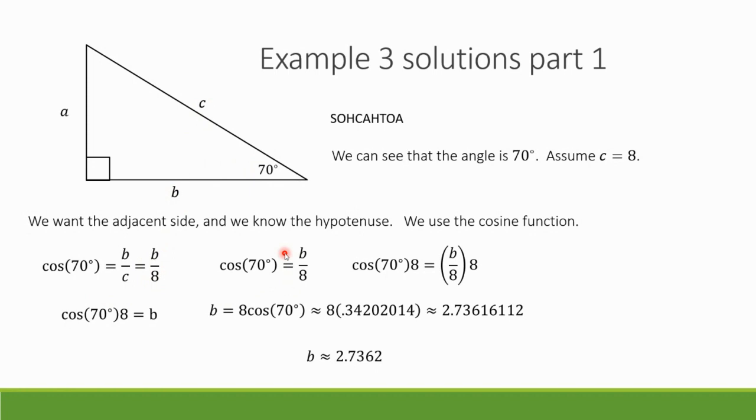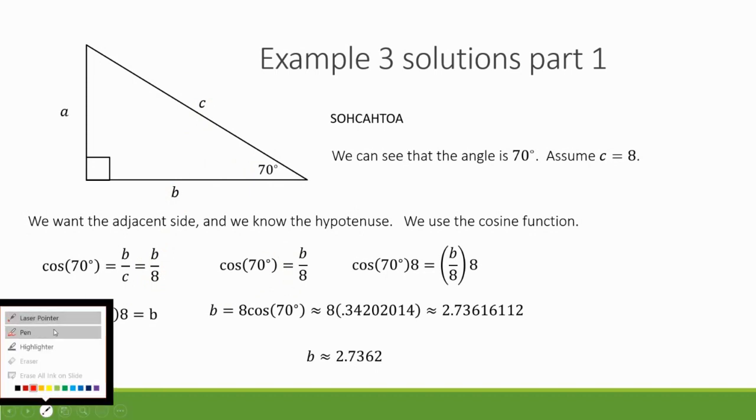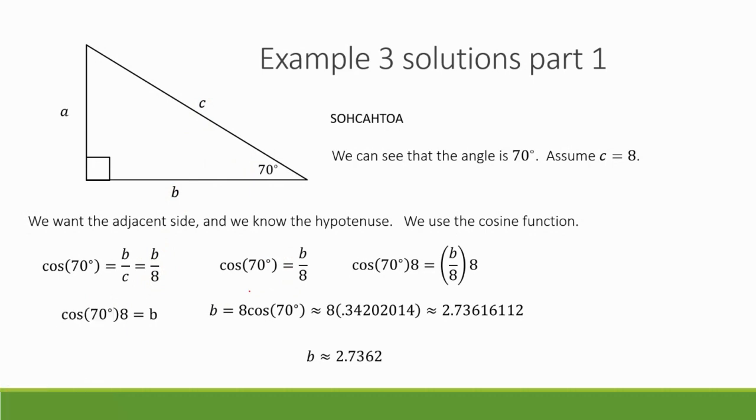That's good. Now we can figure out what B is, which is what we're looking for. How do we do that? We're going to multiply both sides by 8. Doing so, these cancel. Cosine of 70 degrees times 8 is going to equal B.